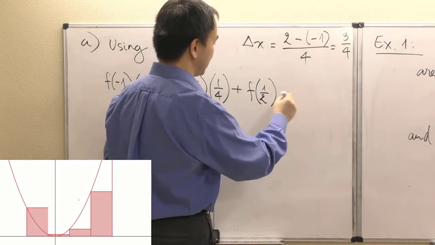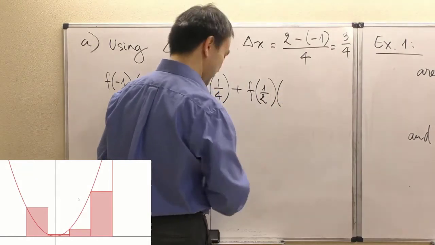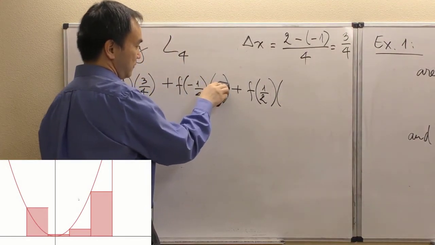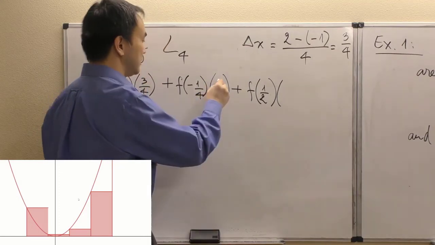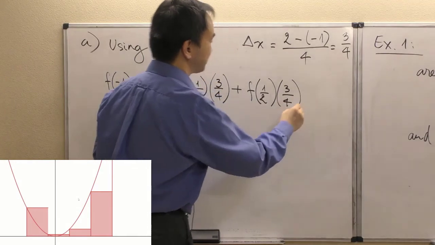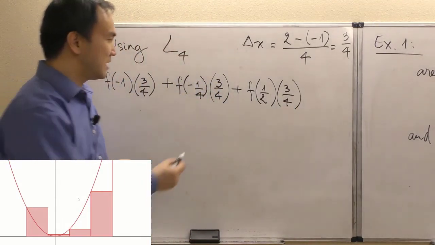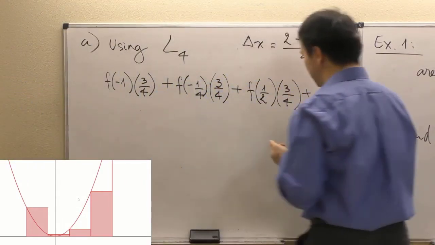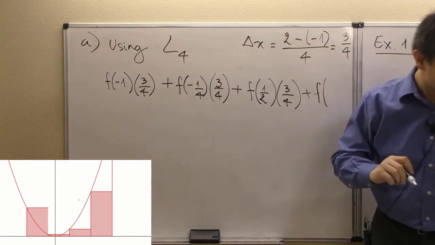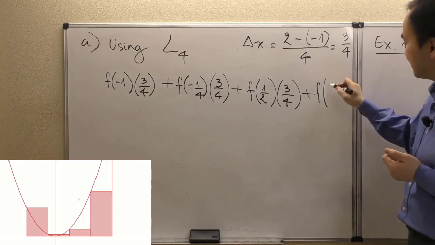And multiply that with, actually I've been making a mistake here. It's not 1/4 for this width. It's actually 3/4. So I'm going to multiply with 3/4 as our width. And for the last one, the left endpoint is 5/4.